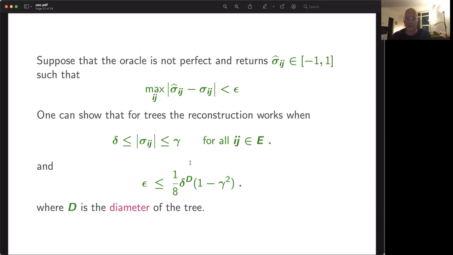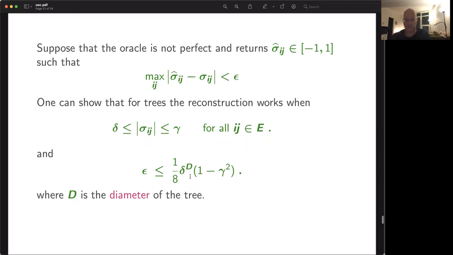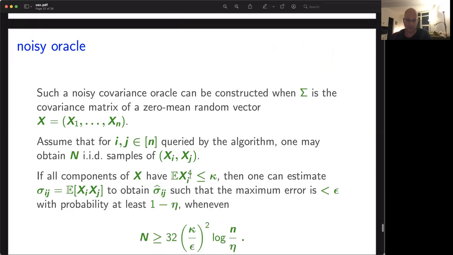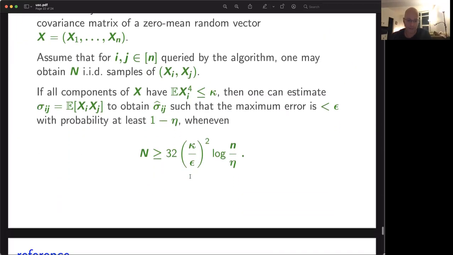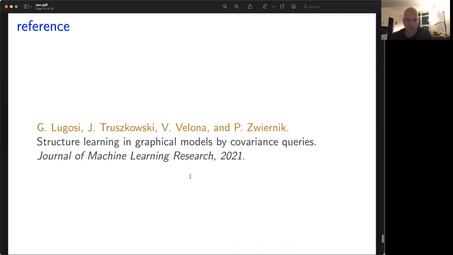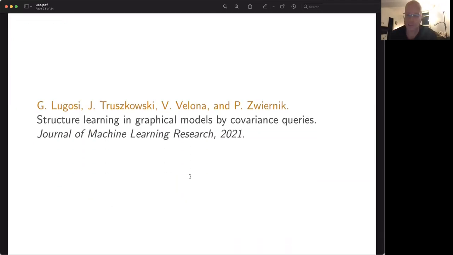So we need a condition on the diameter of the graph, or at least the accuracy epsilon has to be smaller than something that's exponential in the diameter of the tree. This is inevitable. I will skip the statistical part, and let me just conclude that this is where you can read more about this if you're interested.